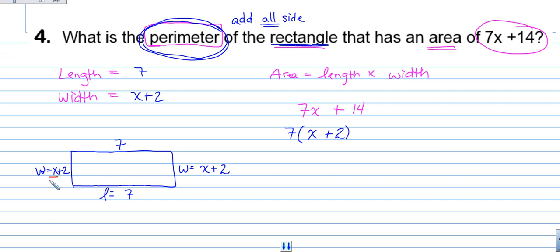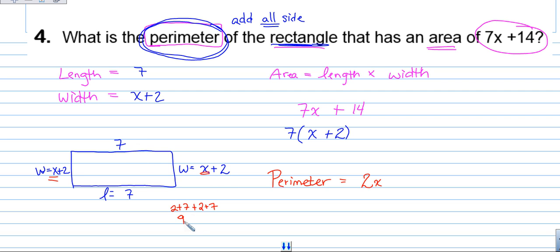Okay? So now we go to add them up. Well, we try the x's first. X plus x, 2x. So let me write perimeter right here. Okay? So we have x plus x, which is 2x. And then let's do the numbers: 2 plus 7 plus 2 plus 7.